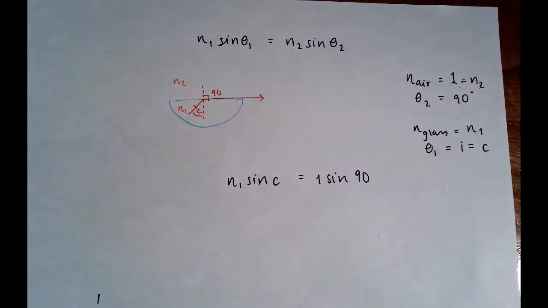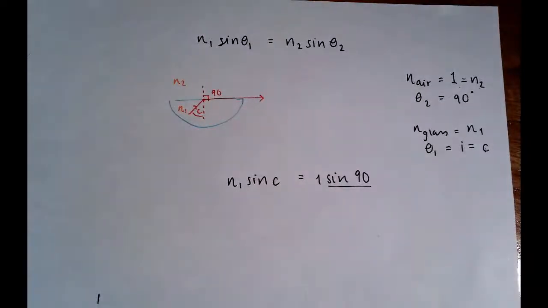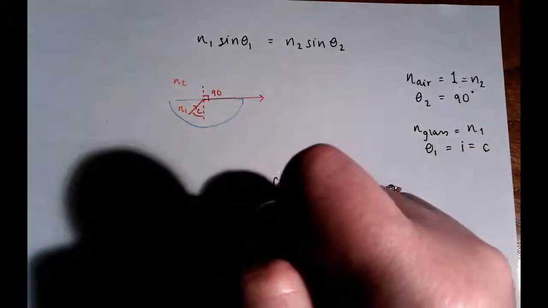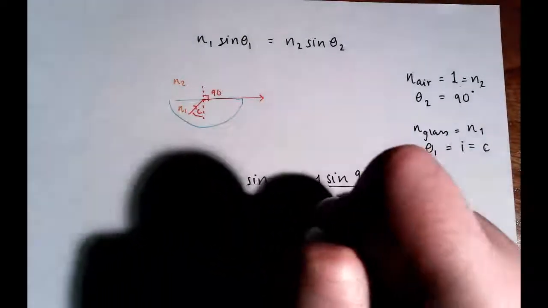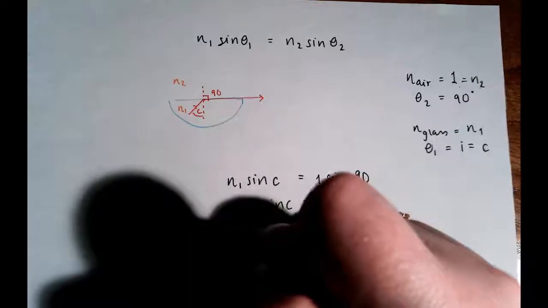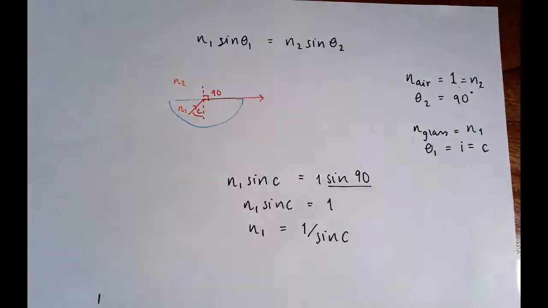Now hopefully you know that sine 90 is 1 from maths. If you don't, I will teach you that separately. Okay, but I can express this as n1 sine C equals 1, because sine 90 is 1. Okay, I can rearrange that and say n1 is 1 over sine C.